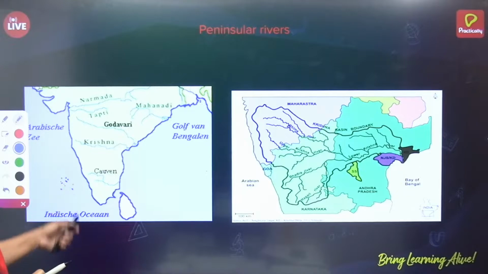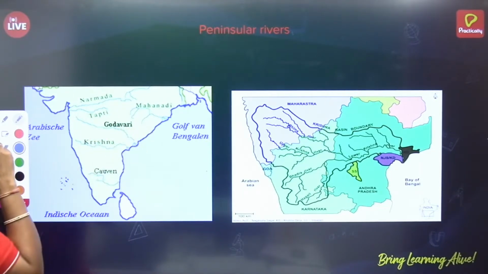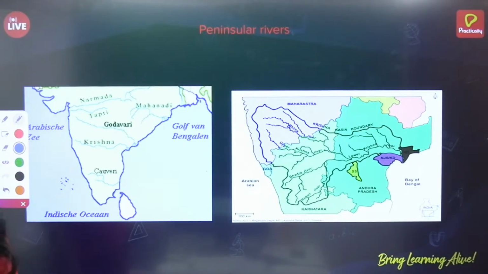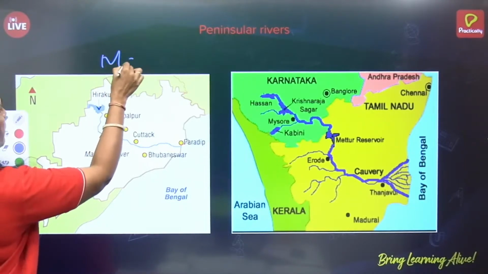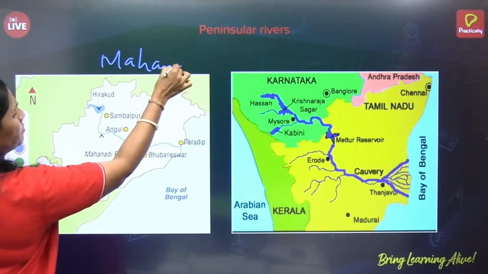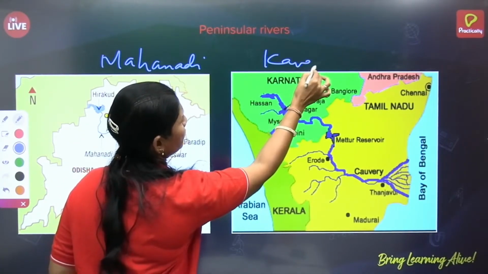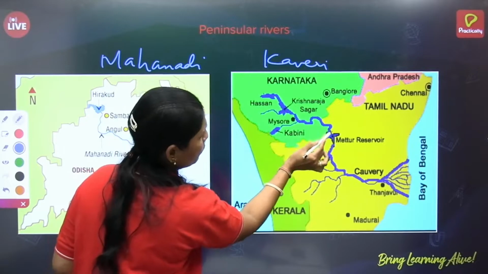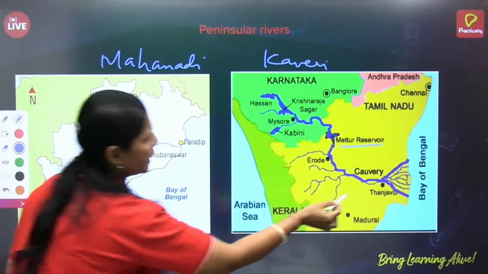You can see over here Narmada and Tapti, Godavari, Mahanadi, Krishna, Kaveri. This is the first one. This is Mahanadi. This is Kaveri. You can see the Kaveri river flowing, Mettur Dam and Kaveri Delta over here.